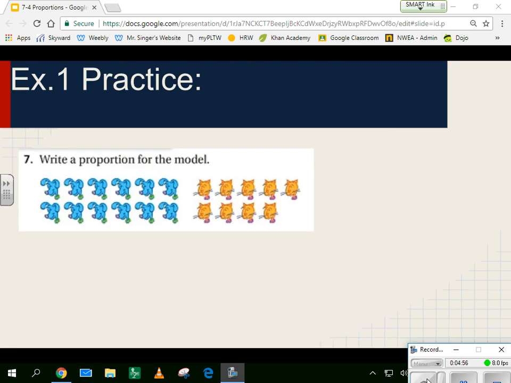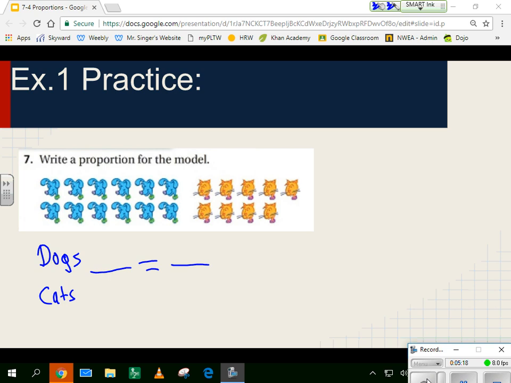All right, so here's our first practice problem, and I'm going to have you do this one but I'm going to help you a little bit here too, just to make it a little easier. Remember that a proportion is two equal ratios. So I always like writing them as fractions. So we know we're going to be looking at dogs to cats. Let's focus on that too. Dogs first and then cats.